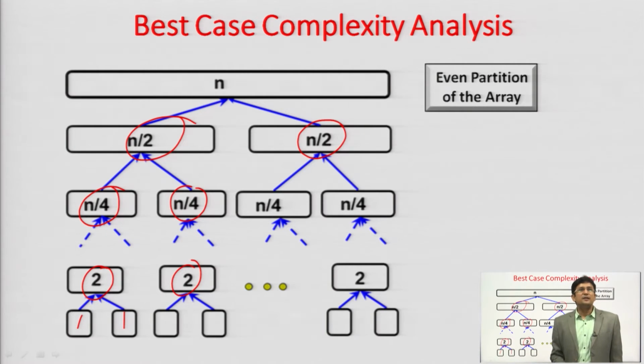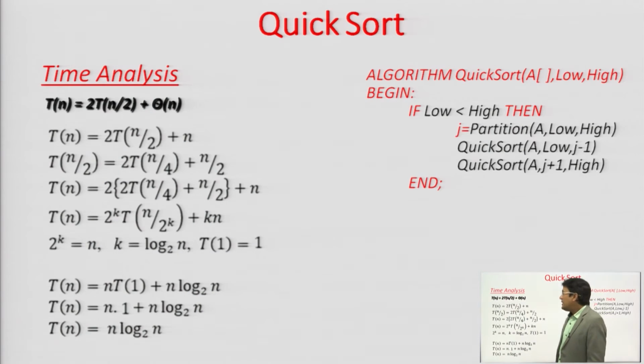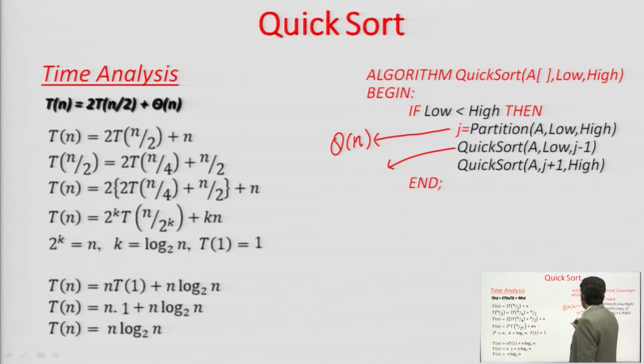Okay. So, if this is the even partition of the array, in case you are dividing the array into equal sizes, you can see that the partition algorithm will require theta n time in case you have n elements in the array. This quicksort will contain n by 2 elements.